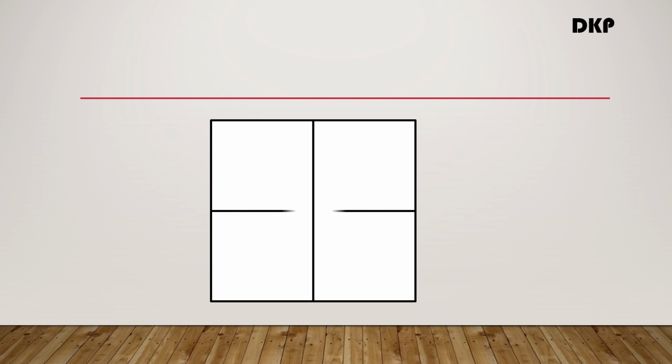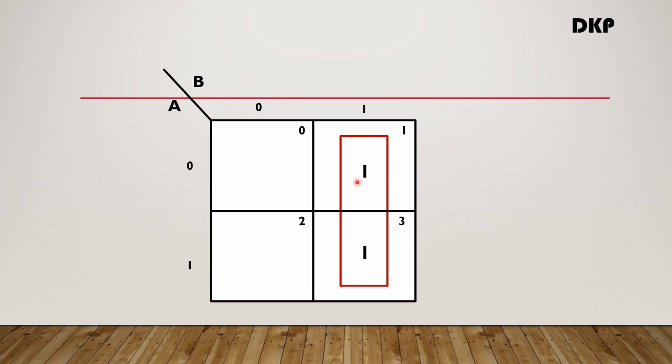Now let us consider another example. Here we are going to place the ones in the cells M1 and M3. Since these cells are adjacent to each other and it contains ones, we can group these cells. This cell is called the min term M1, or a bar b, and the second cell is called M3, or AB.